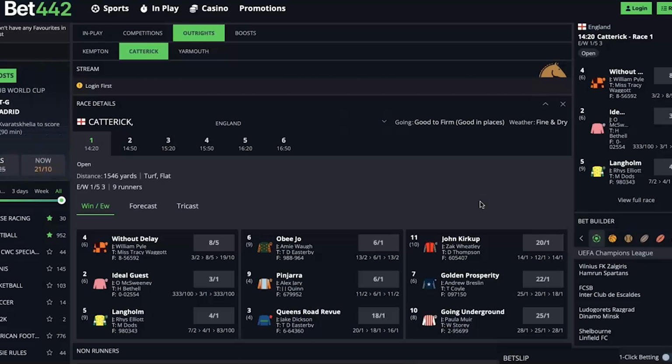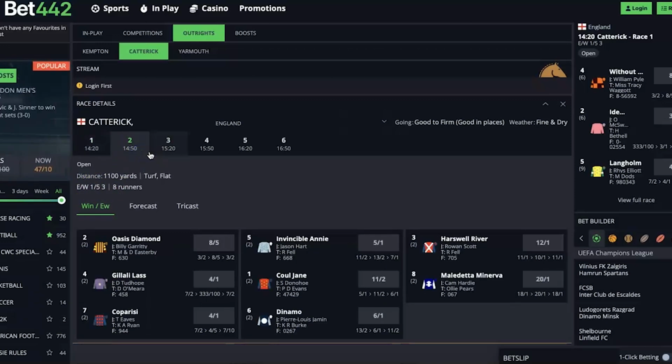Again, depending on the sort of race and the type of terms that your bookmaker is offering, it can vary on the type of place terms and also the type of terms of the actual each way bet.